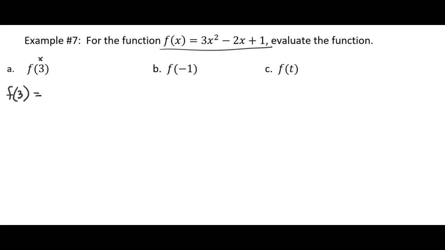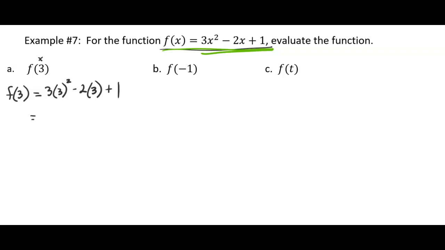And now what I do is I follow this function along, and every place there's an x, I'm going to put a 3. Now I have to be careful when I write this to use proper notation. So it's going to be 3 times 3 squared minus 2 times 3 plus 1. Okay?